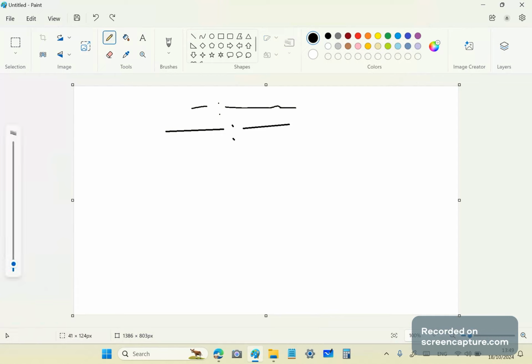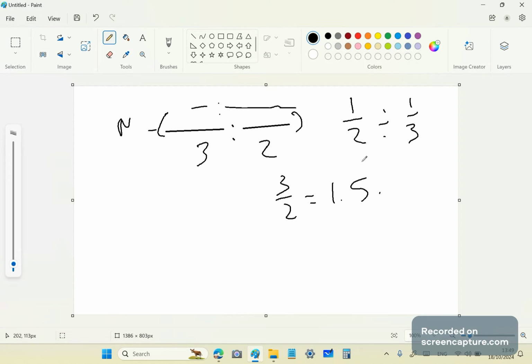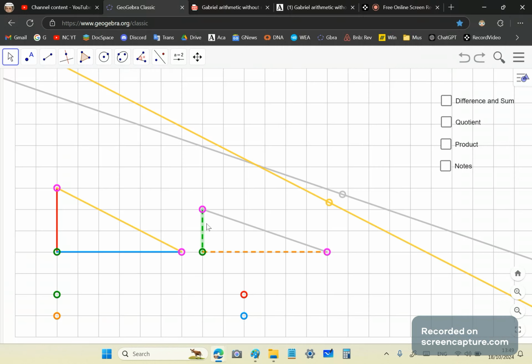So basically what I'm saying here is that a half divided by a third is 3 to 2, or 3 halves, which is equal to 1.5. And that is the measure of this ratio, 3 over 2. That's what you do in algebra: you count the number of equal parts. In geometry, you don't care about that. You've just got line segments in geometry. That's all you've got. So that's the quotient.